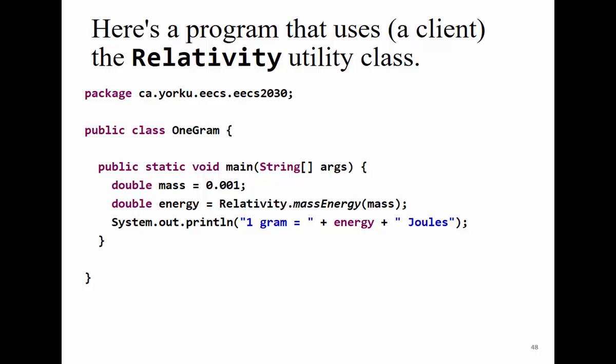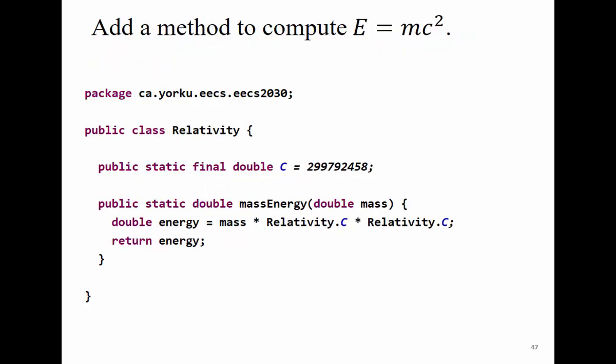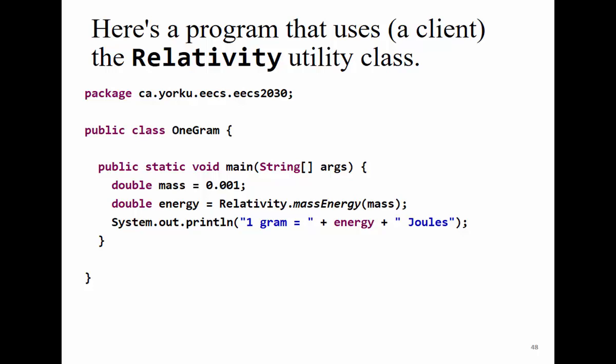Now, we call Relativity.massEnergy. massEnergy is static, so we don't need an object to use this method, yes? Because it's a static method, we can use it by the name of the class. So we use Relativity.massEnergy, we send the mass, and we will receive back the energy.